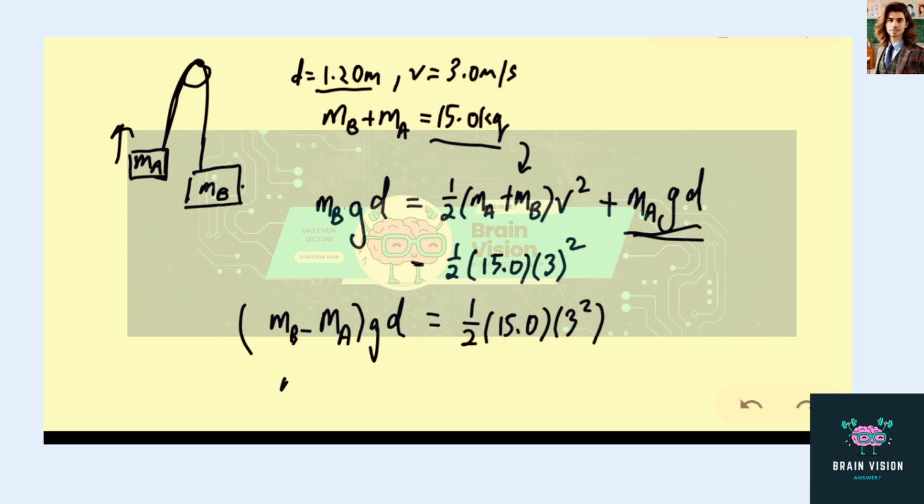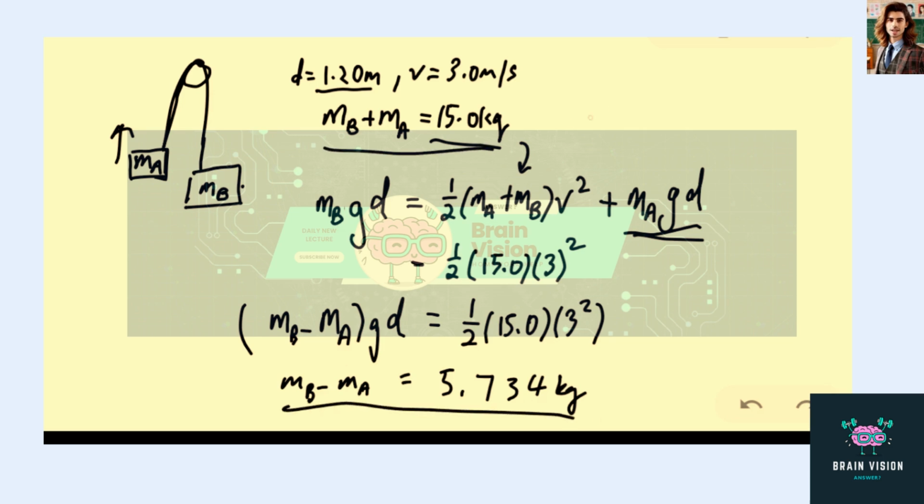We can then find an expression for mB minus mA by dividing by g times d. This leaves us with 5.734 kg.